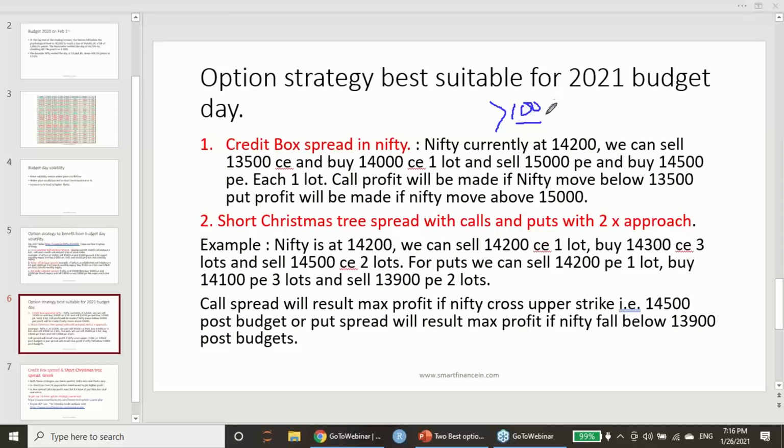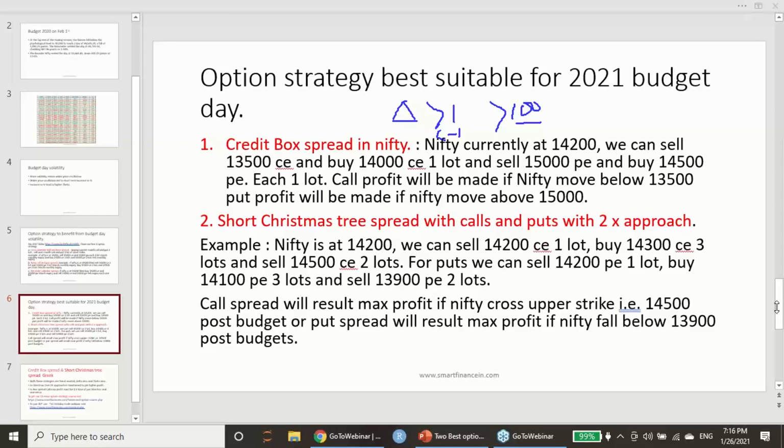When implied volatility of any option goes above 100, at that time you are defining the delta of the option as greater than 1 or less than -1, which is not true.